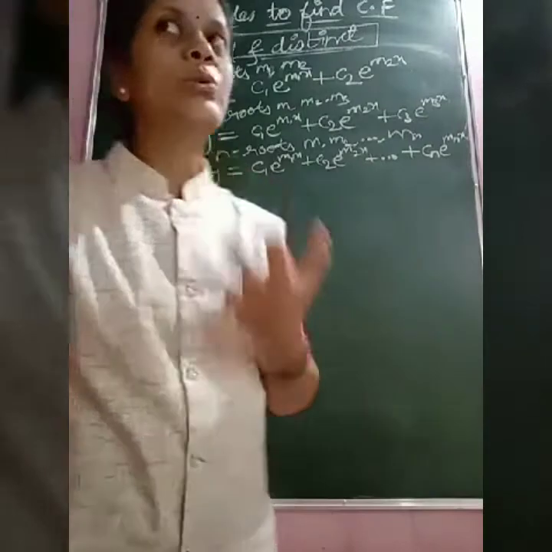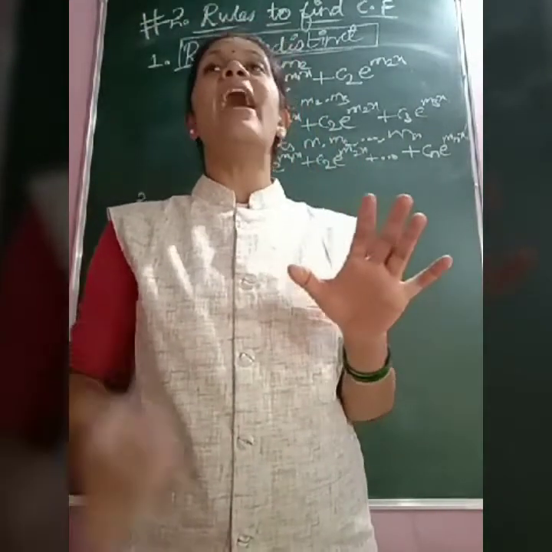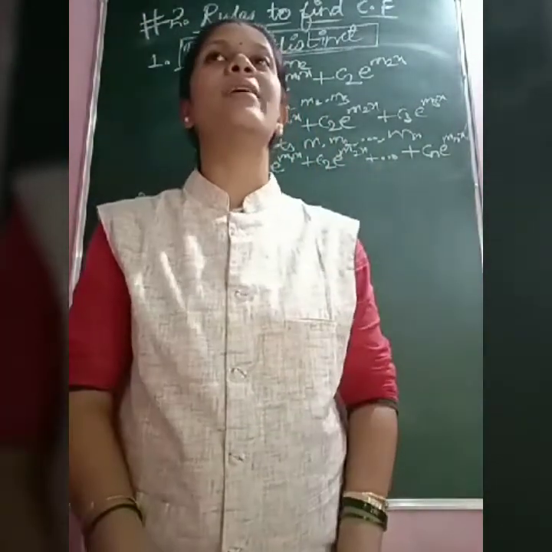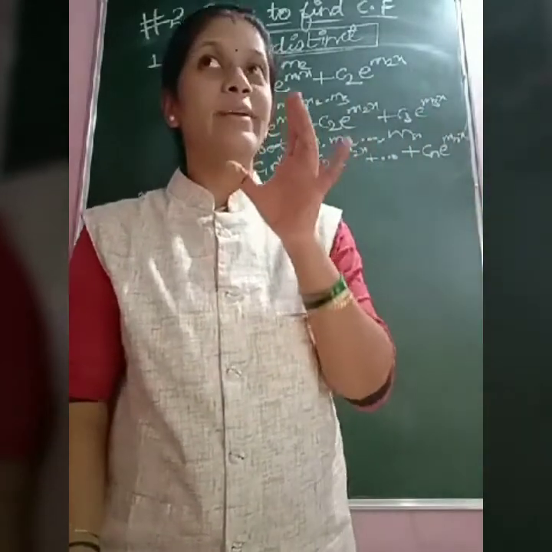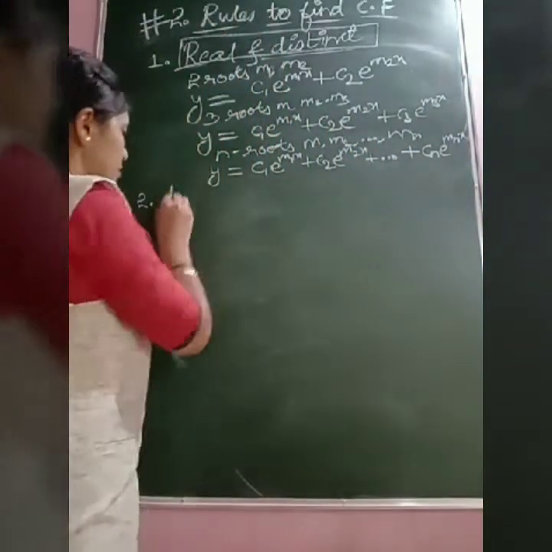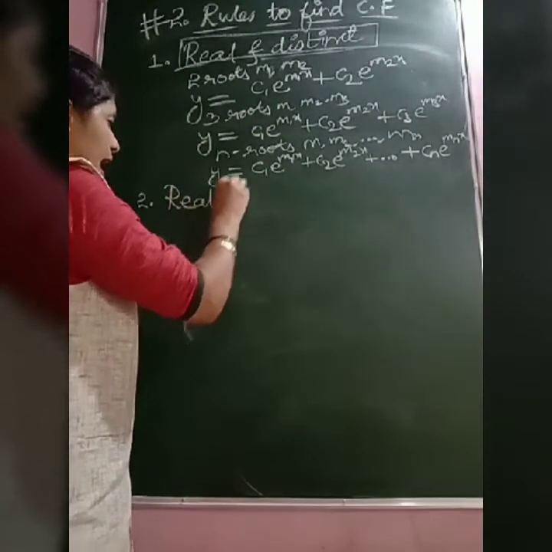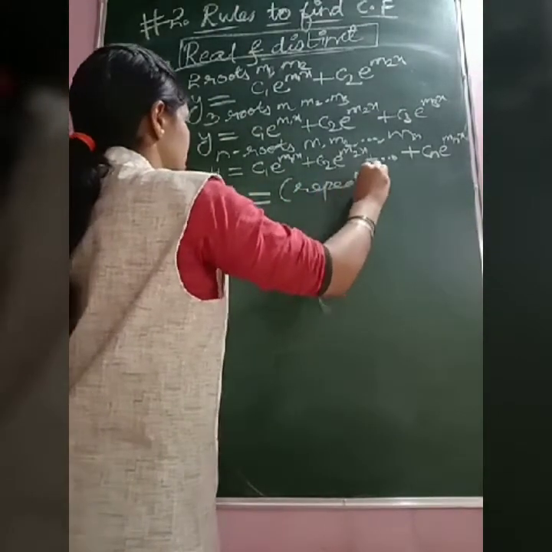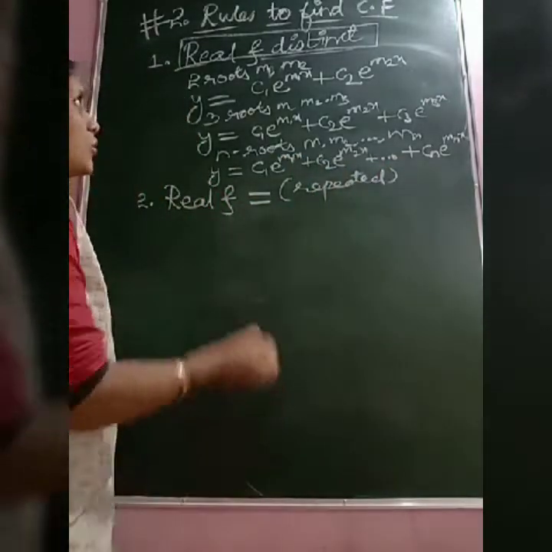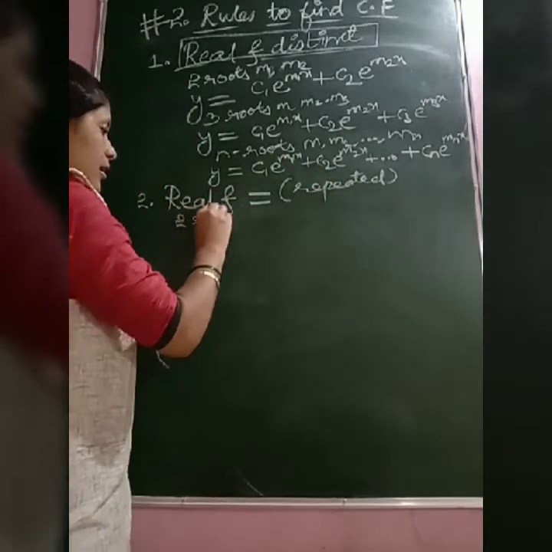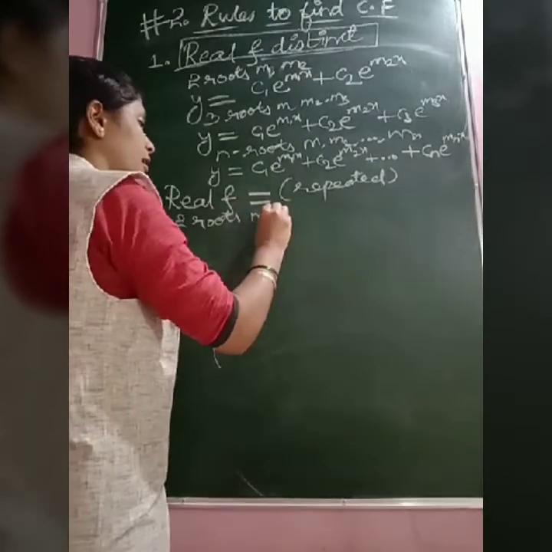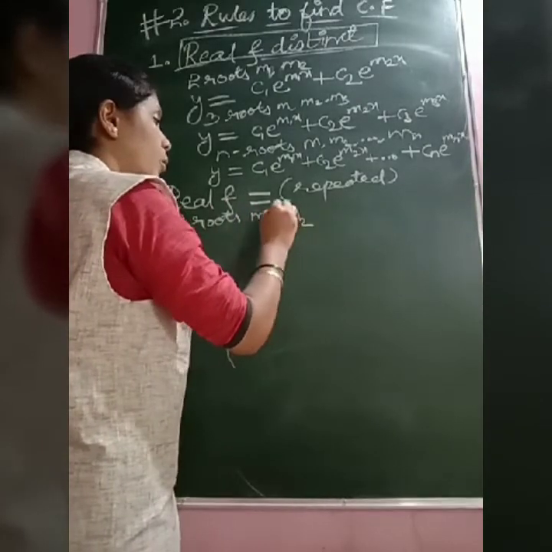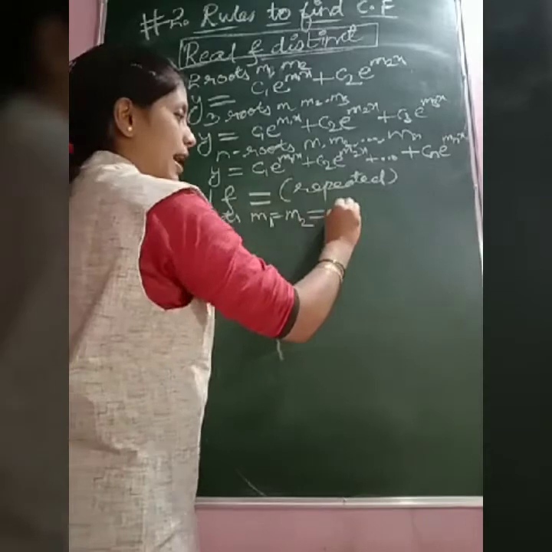What is the second case? The nature of the roots can be real and equal, or in other words you can call it real and repeated. Suppose two roots m1, m2, both are equal or repeated two times.